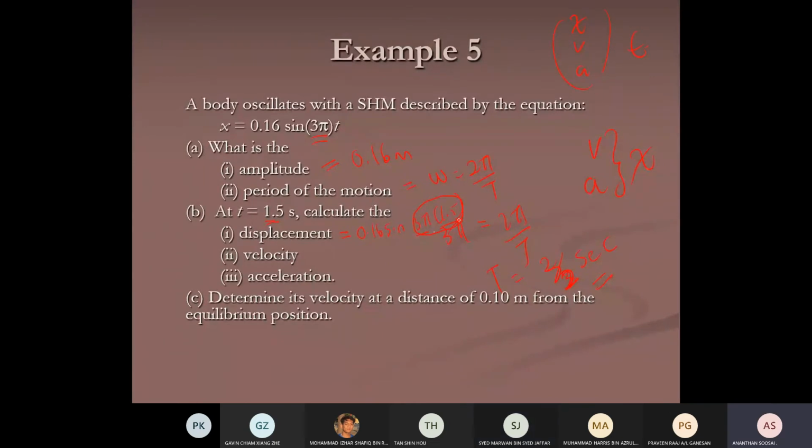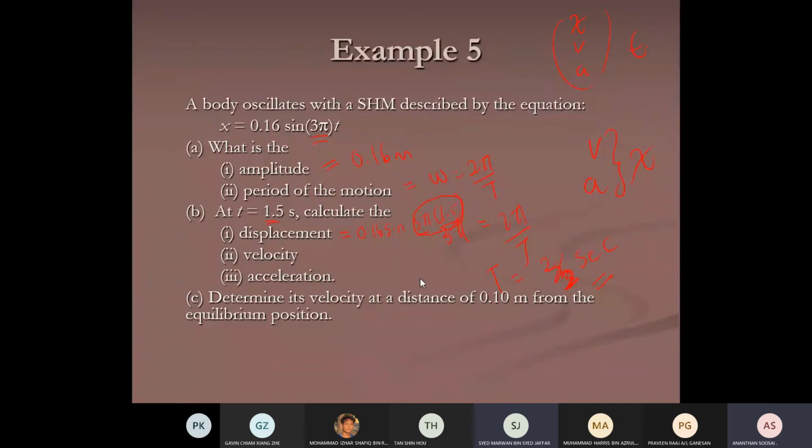Use your calculator, come on, give it a try. Those who like to try radian mode, go ahead. Those who want to go for degree mode, change this radian to degree first before you take the sine. Unless you see you got the correct answer, I show you the next slide with the answer. So use your calculator, calculate it out. It's 0.16 meters.